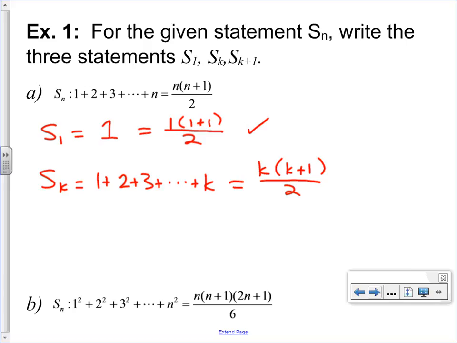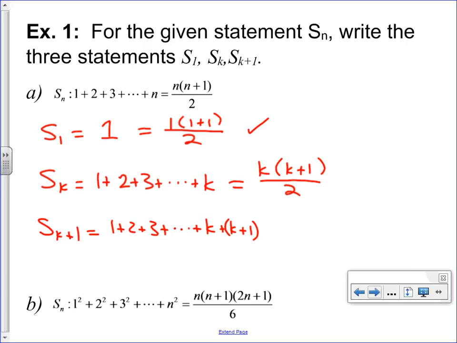Okay? And then the last term that you have to show is SK plus 1. So if you can imagine, it's 1 plus 2 plus 3 plus ... plus K plus 1.